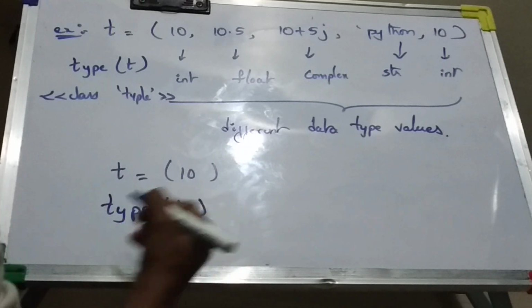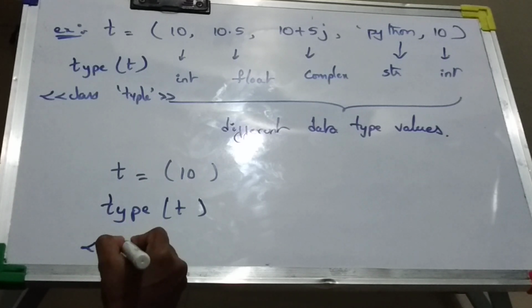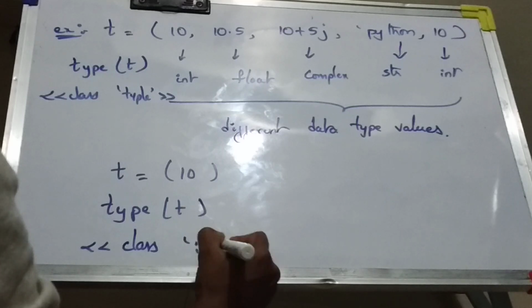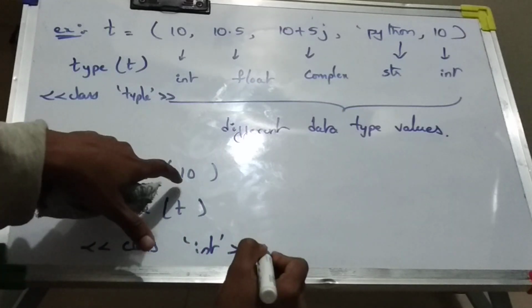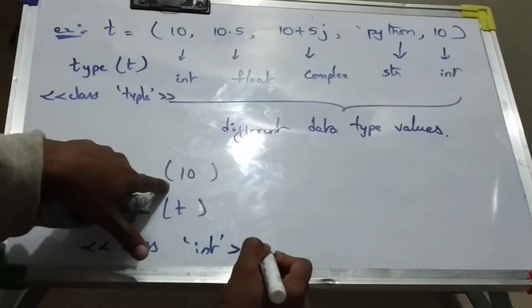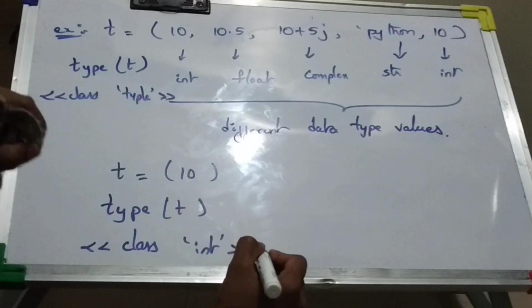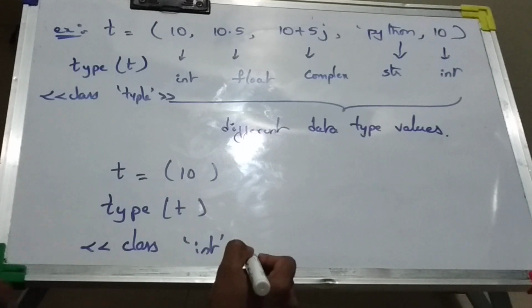Type of T gives class int. The object is inside the parentheses, but it is treated as int type. A single value is treated as int type.